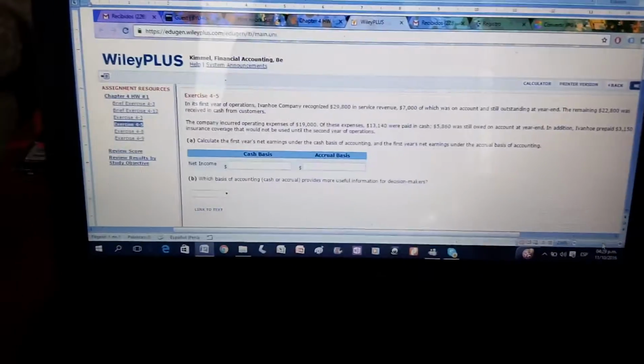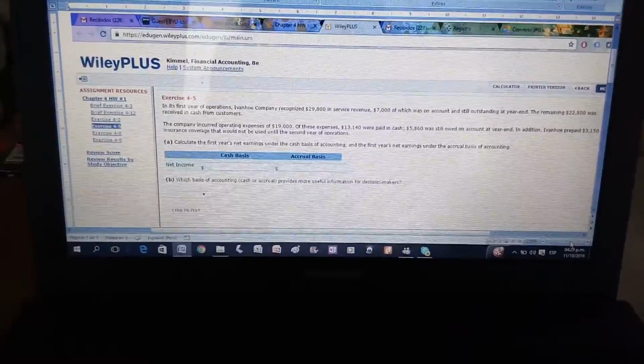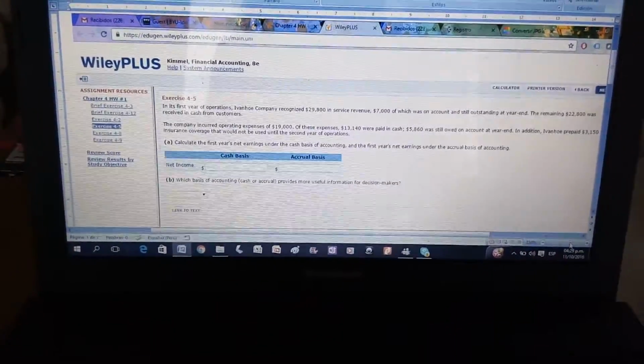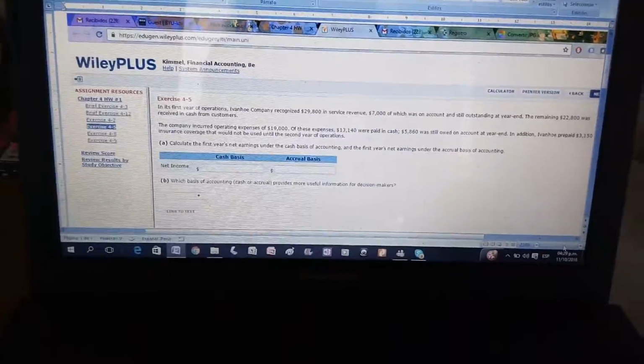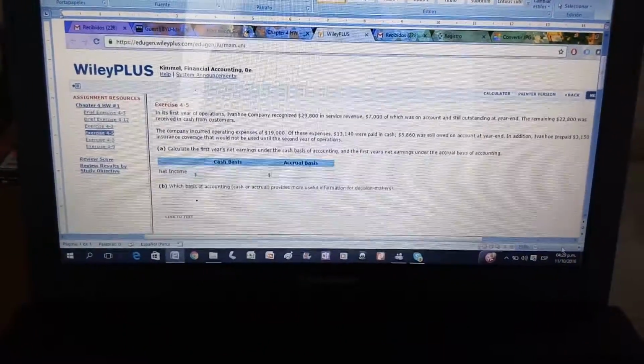Okay, then we continue reading, and it says the company incurred operating expenses of 19,000, but of these expenses 13,140 were paid in cash.